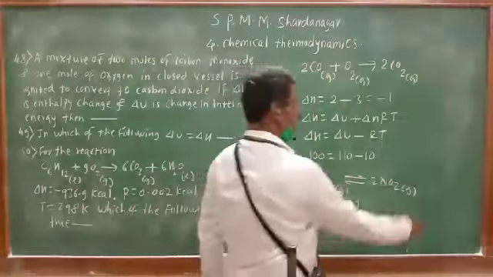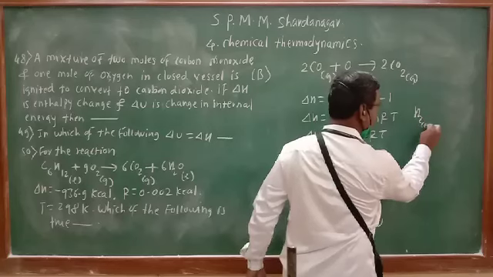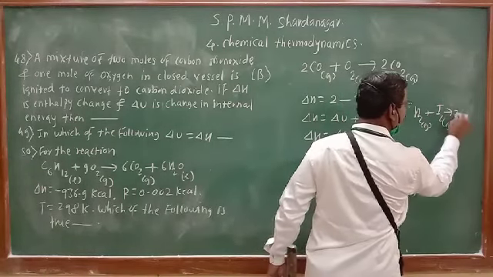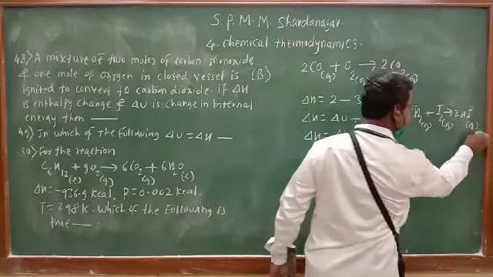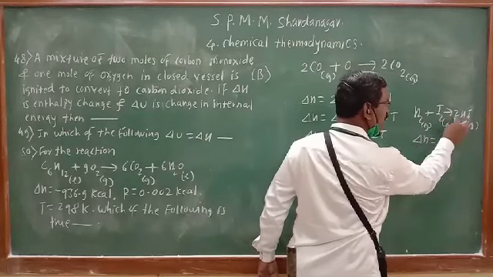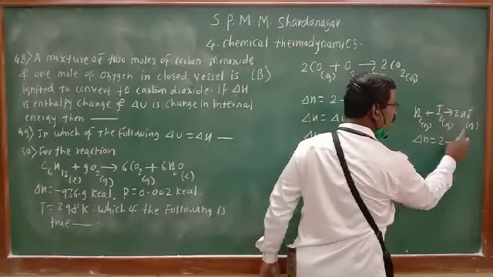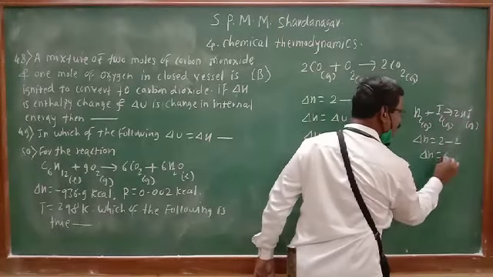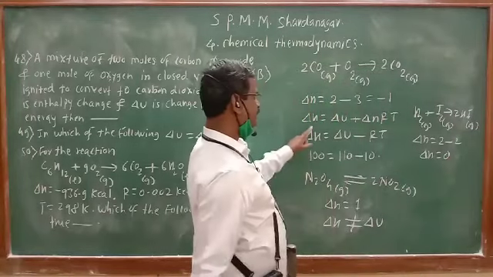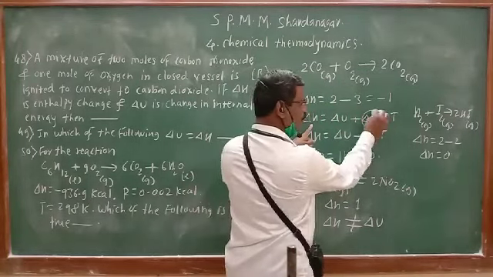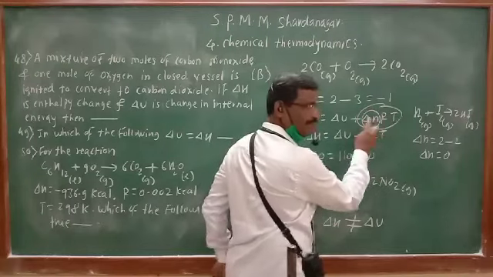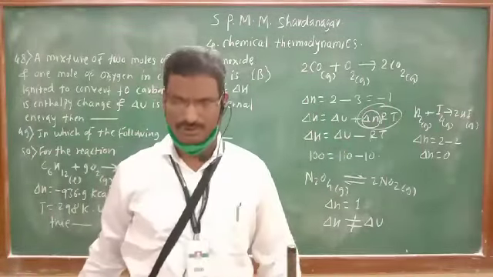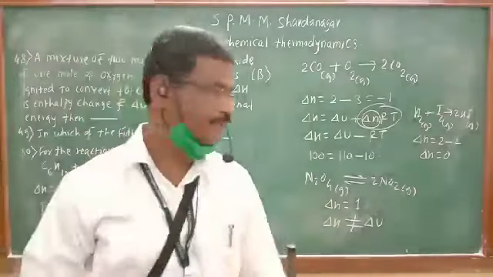Delta n is 2 minus (1 plus 1), which is 0. So delta n is equal to 0. If we substitute delta n as 0, the whole factor is 0, and delta H is equal to delta U. So the third option, C, is correct.